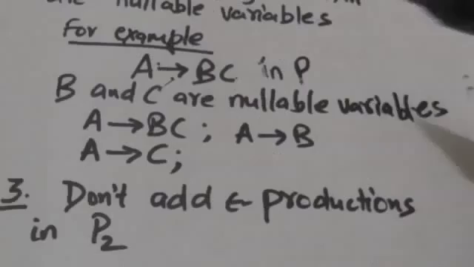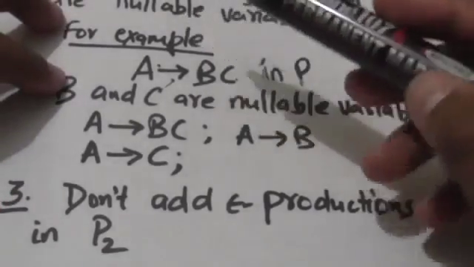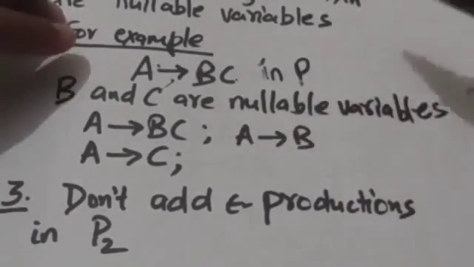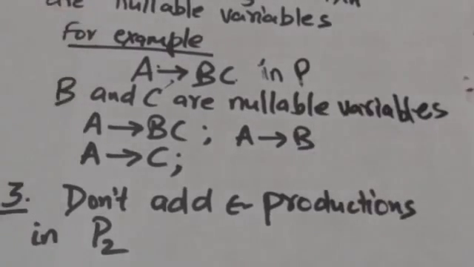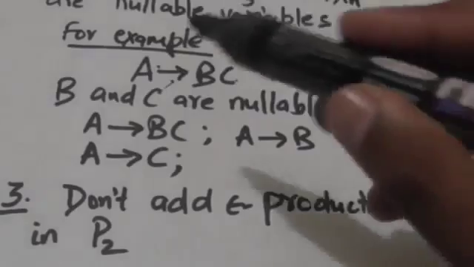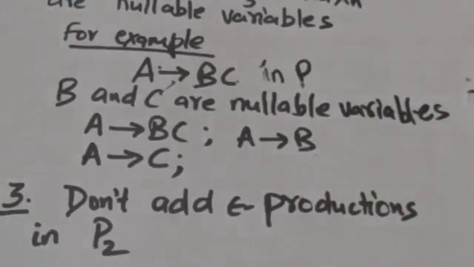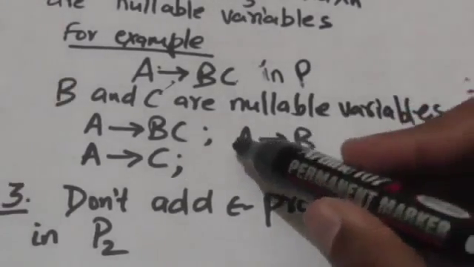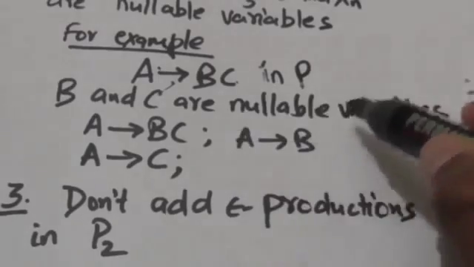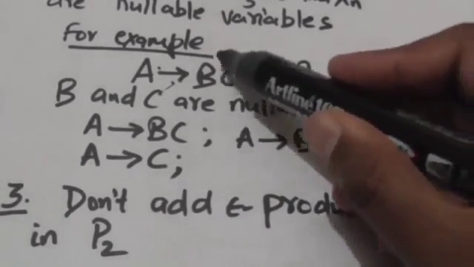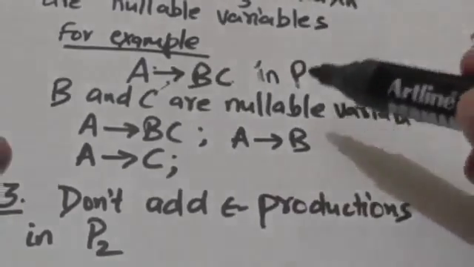For example, there is a production A derives BC in set P where B and C are nullable variables. Then add this production A derives BC to set P2. Now see this production A derives B. It is obtained by removing the nullable variable C from the right hand side of this production.